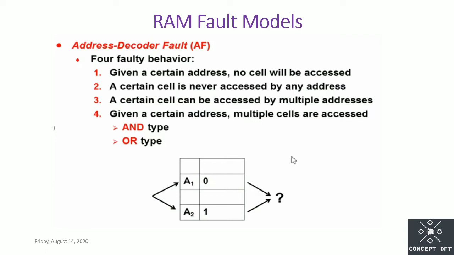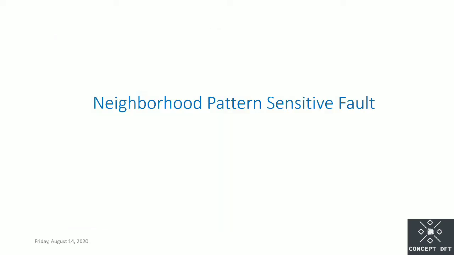Third one is a cell can be accessed by multiple addresses. And last one is if we give a certain address, at that time multiple cells can be accessed. So these are the four types of address decoder fault.